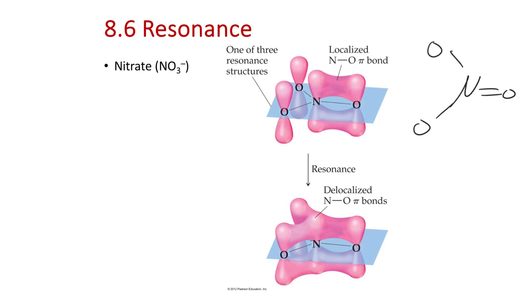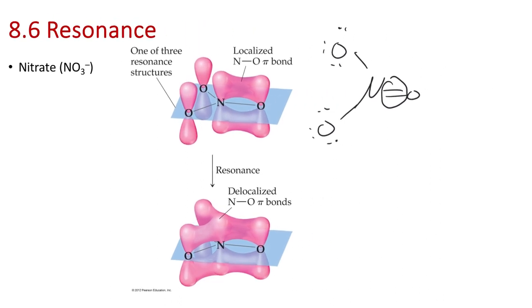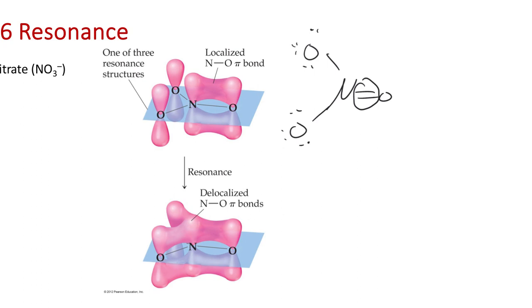So a localized double bond would mean we have a double bond specifically right here, and then we have these other O's over here. And so the issue for nitrate, and for a lot of molecules like it that have these double bonds where we could have sketched or moved the double bond somewhere else in the structure, is that we could imagine moving the double bond over to here, and then we return this oxygen back to the -1 formal charge, and we make our double bond over here.